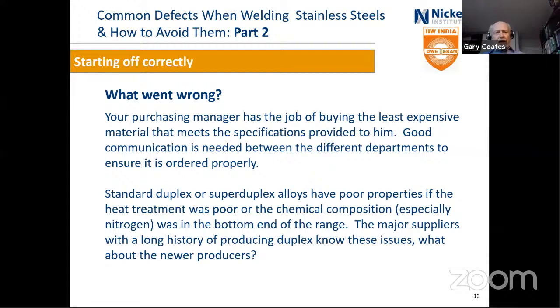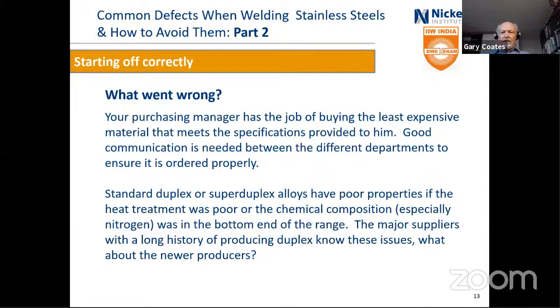Well, your purchasing manager has the job of buying, shall I say, the least expensive material that meets the specifications provided to him. So it's really up to the engineering company or the engineering group to come up with the proper specifications.